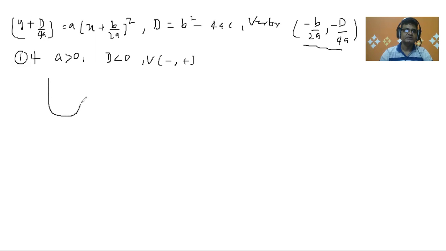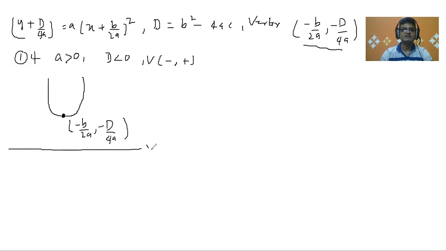So the graph is like this. This is the graph, and this is minus b upon 2a, minus d upon 4a, and this is the x-axis. So this length will be the minimum length, which is basically minus d by 4a.